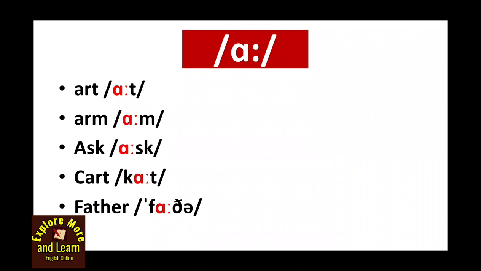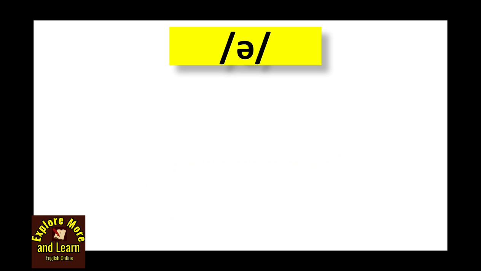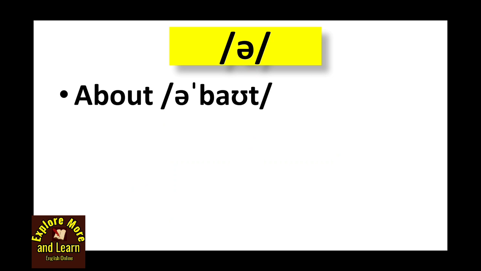Don't forget to note down these sounds and their symbols to pronounce all the words having the letter A correctly. Okay. Now the next sound which we get by the letter A is A, and this is the sound symbol for the sound A which we get by the letter A. For example, about. Here, letter A is pronounced as A.